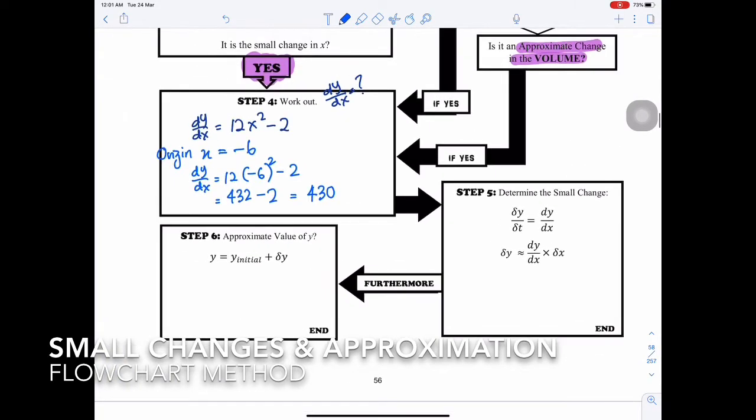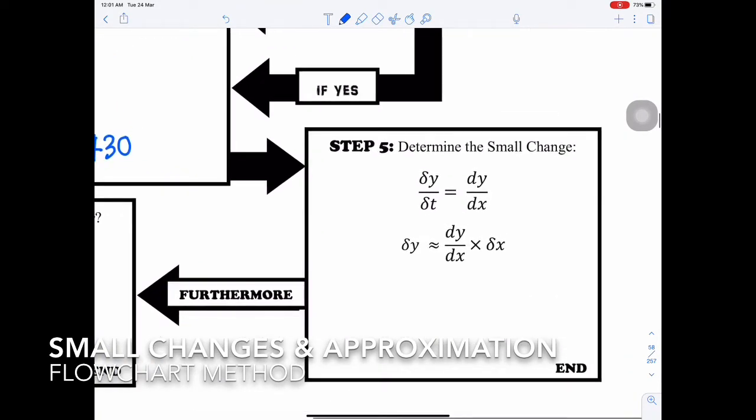And then next step, step 5, determine the small change in y. Okay, so this is the formula, and this is how you determine the value of delta y.